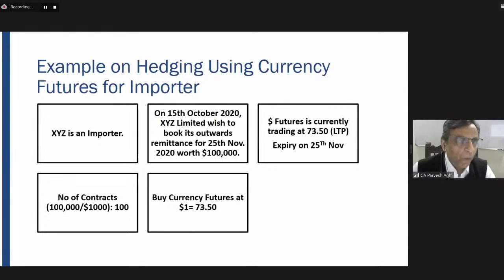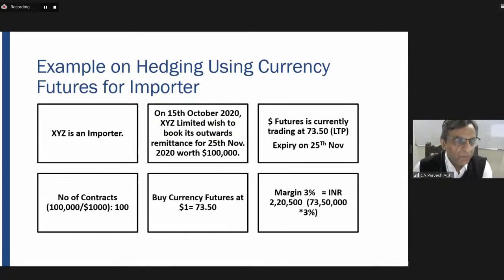Now you just take the opposite position to whatever position you have as either an importer or exporter. So as an importer, you are short in dollars, so you take a long position in dollars. Okay, so you buy currency futures at 73.50.